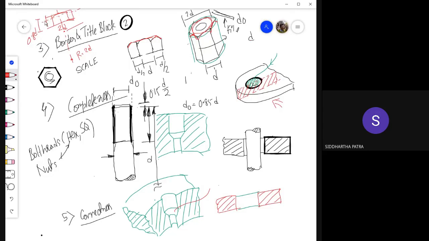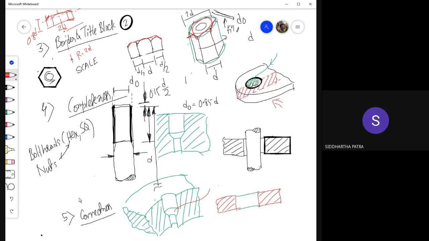Now this is where you would see this corner. So basically take that point and join the middle of this. Same thing over here.